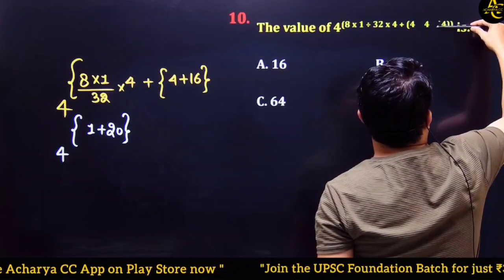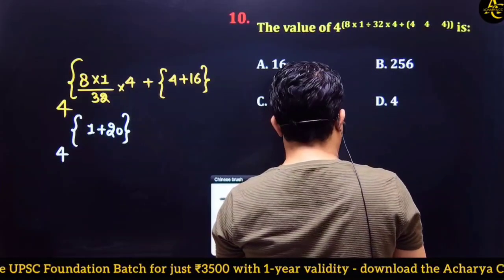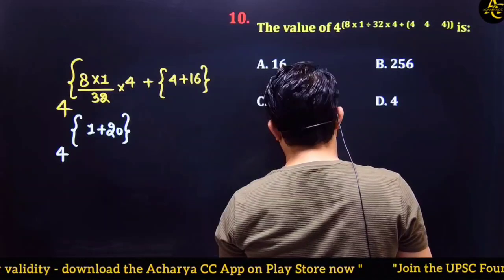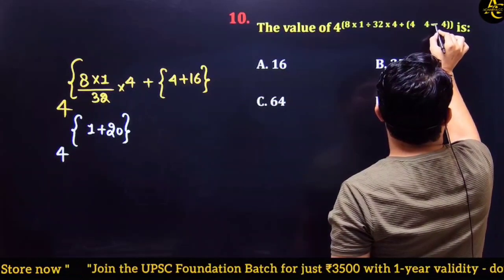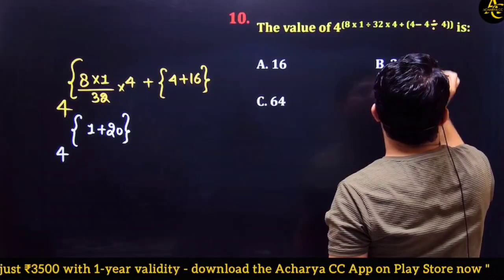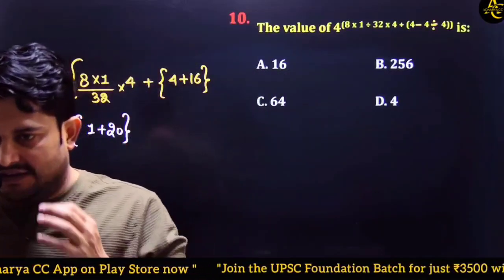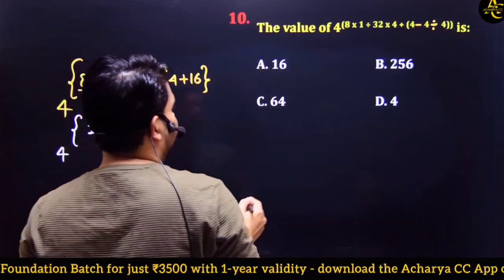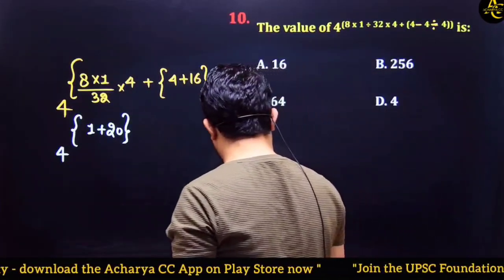See what I will do. I will divide here and minus here. Is it visible to you guys? We have minus here and we have divide here. So our question will be transformed.